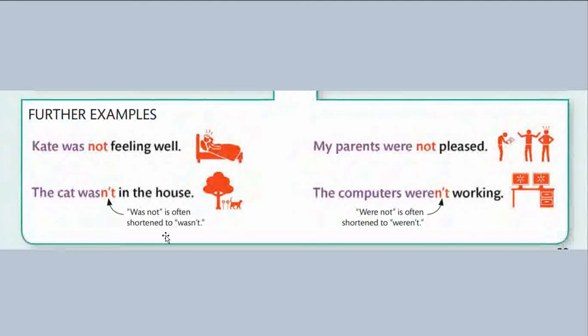Was not is often shortened to wasn't. My parents were not pleased, or it can be contracted to weren't. The computers weren't working. Were not is often shortened to weren't. How is it shortened? O is taken out from here and an apostrophe is added. So that is how it is contracted.